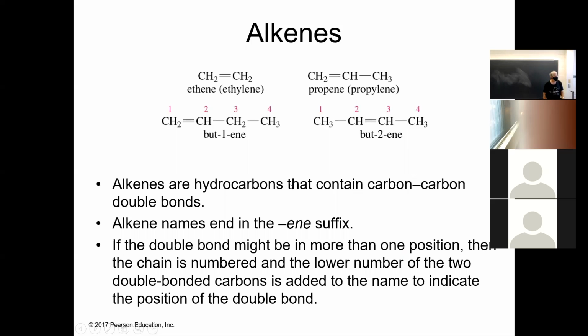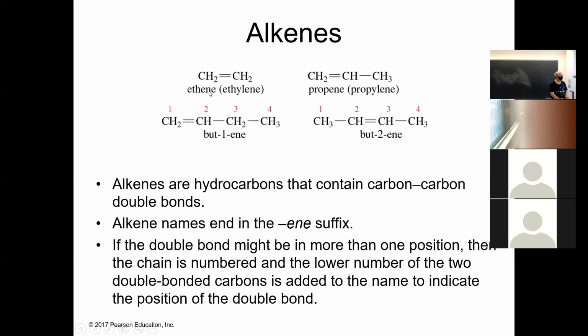All right, so here are some examples of alkenes which have a double bond. Okay, we have 2 different names here. Ethene is the systematic name. Ethylene is the common name.